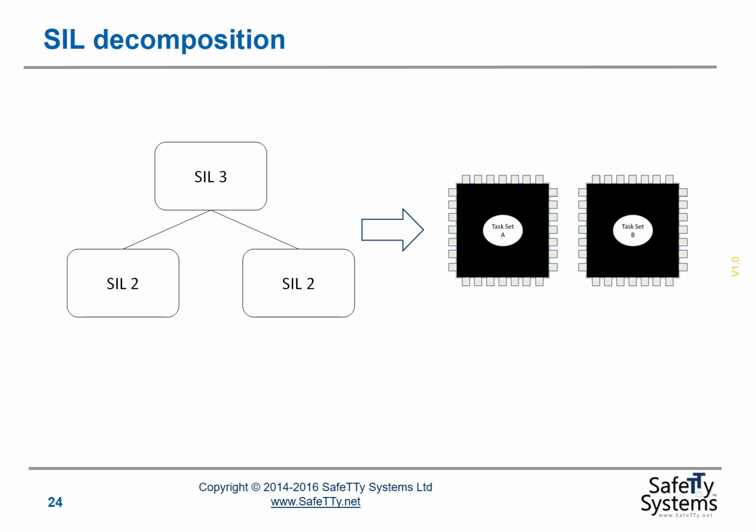Again, we might expect such a decomposition to result in a cost saving without compromising safety. In IEC 61508, we are more likely to implement these two independent functional safety requirements, the result of our decomposition, on two independent microcontrollers.